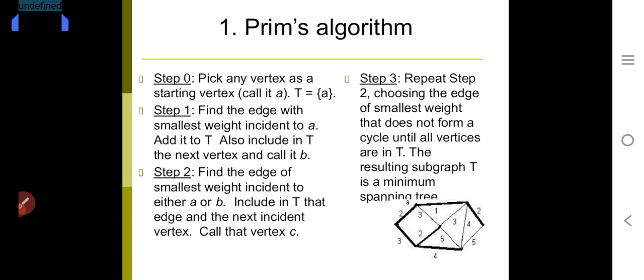We join the smallest weight to vertex A and name the new vertex B. So hence we have a set T equal to AB.